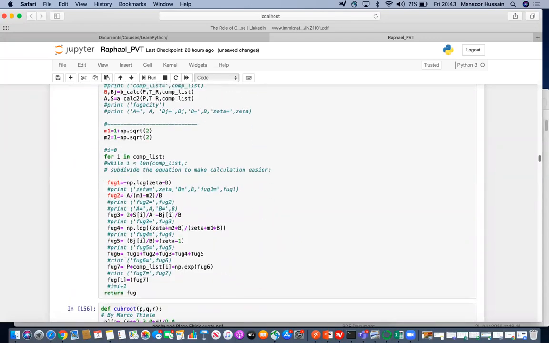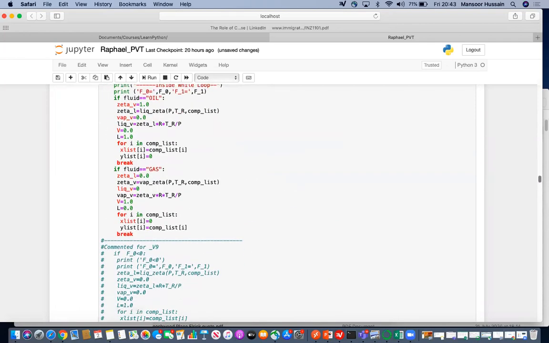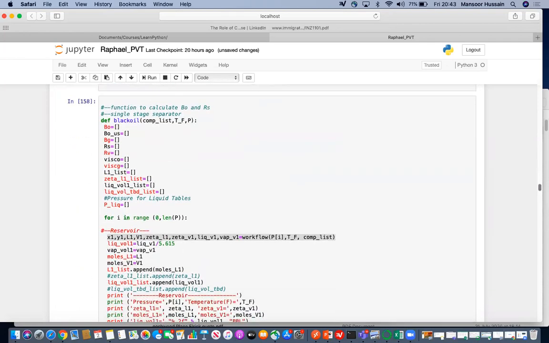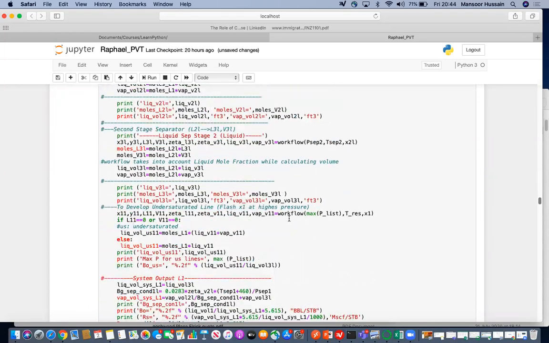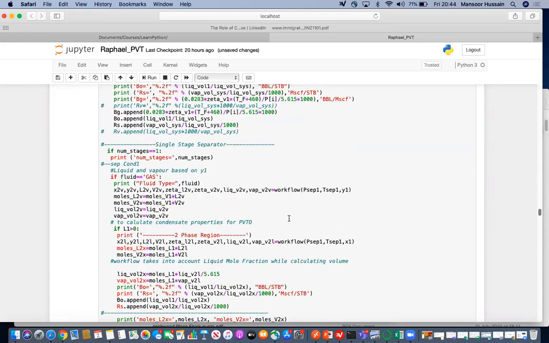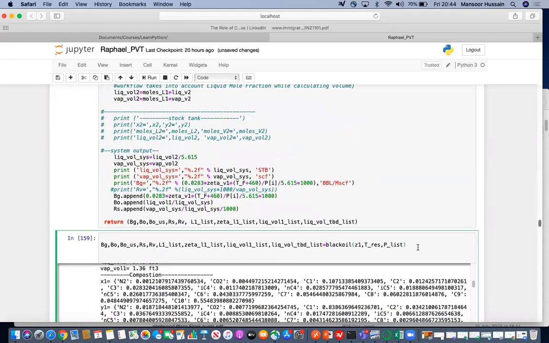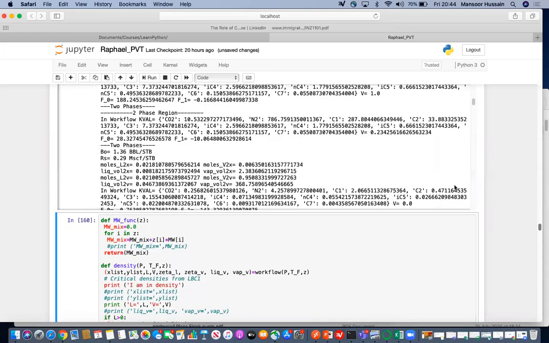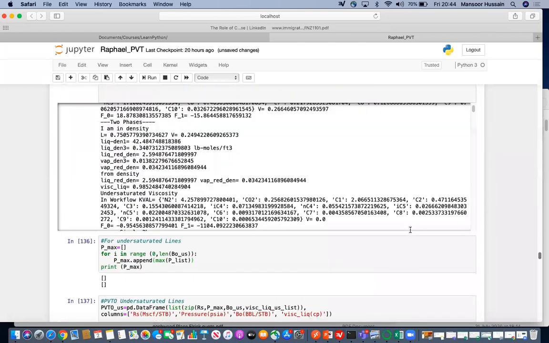Then let's execute the BO function, and then let's also execute the viscosity.